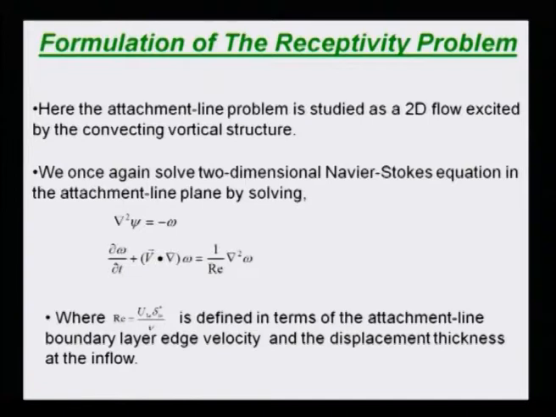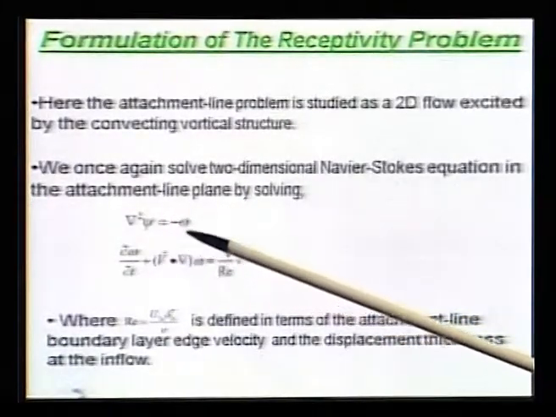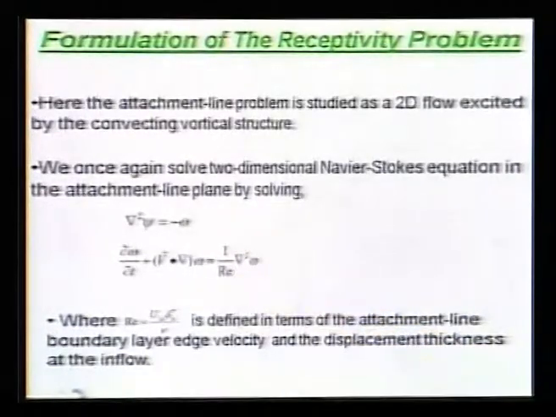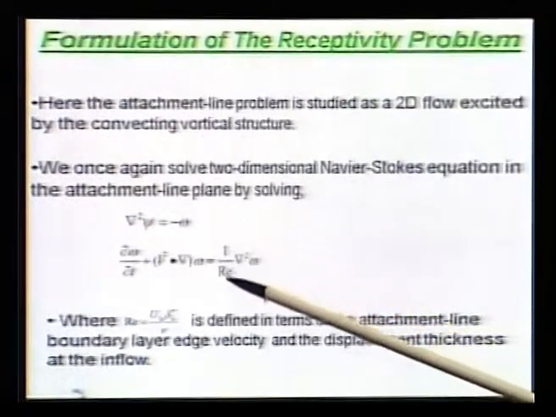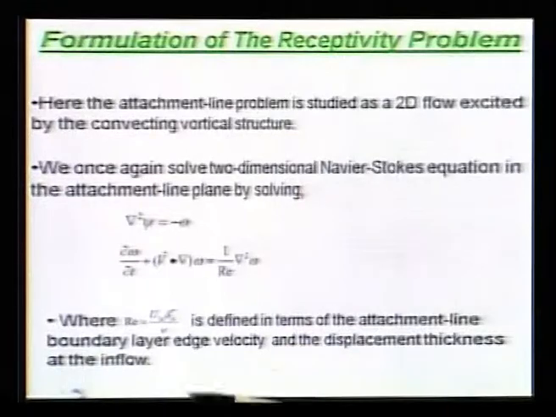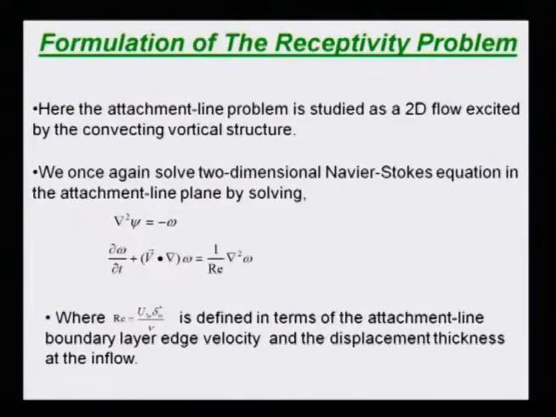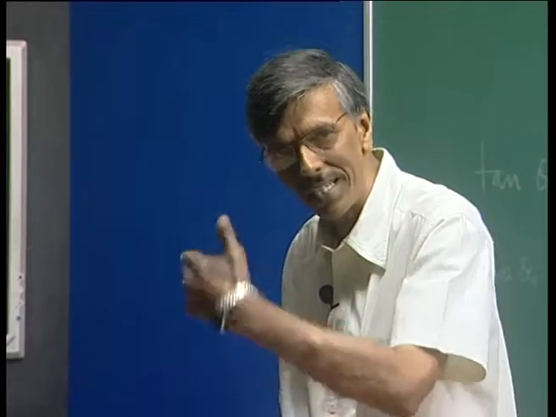So, solve the Navier-Stokes equation. These are the two governing equations, the stream function equation and the vorticity transport equation. And here the Re that we are having is defined in terms of the velocity scale given by u1e. If you recall, that is the edge velocity in the streamline fixed coordinate at the edge.